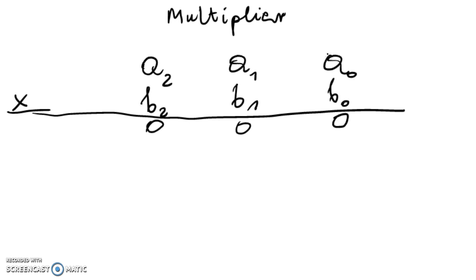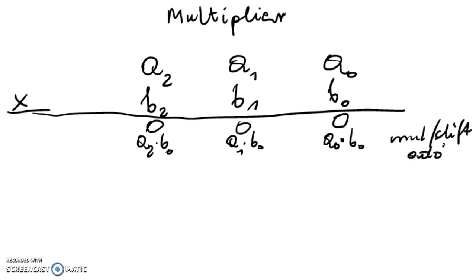That's a good assumption, and then you multiply in this line by b0. So you've got a0 times, but times can be replaced by a dot. It is simply the AND function. A0 times B0, A1 times B0, A2 times B0. And shift is 0. So it is a mul, shift and then add.